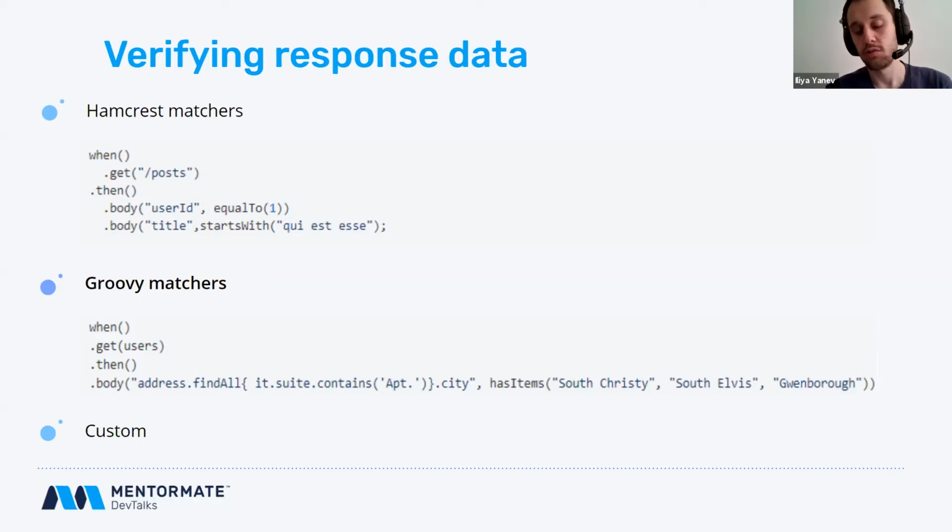And then from those objects, I'm getting the city values. And once I extract the city values, I assert that the items that I showed, like South Christie, South Elvis, and Glenboro, are in there. And that's all we're doing. And of course, if you can't write your assertion in Hamcrest or Groovy, because sometimes they're very complex, you can write whatever you want. Sky is the limit here.